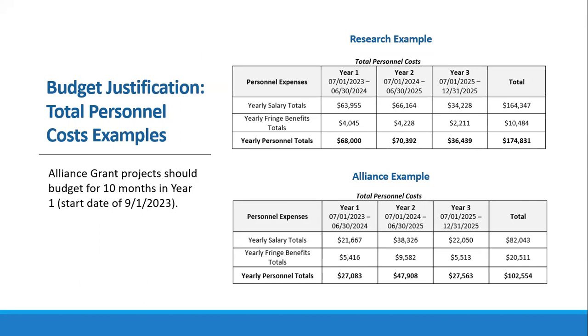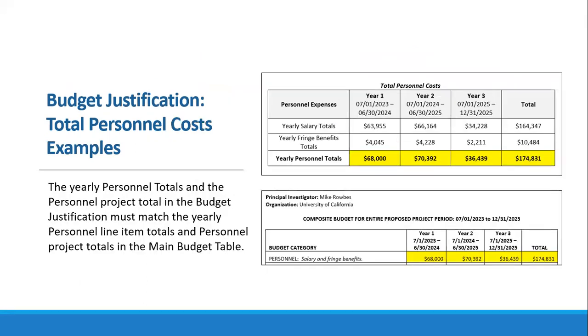Again, this sums the salary totals and fringe totals for all employees into one number each. And then those are summed into yearly personnel totals. Those yearly personnel totals must match the line in the main budget table for personnel. This is a way to double check that all of your math is adding up correctly and make sure that your data are accurate.